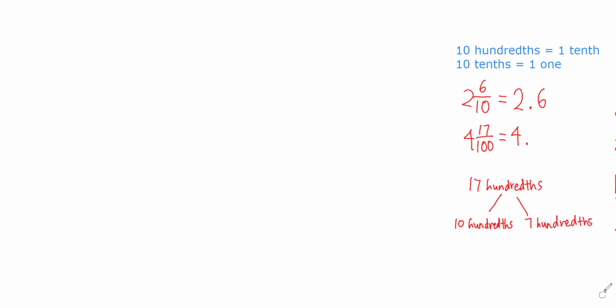And I know 10 hundredths is the same as 1/10. So that means that I should have 1/10 and 7/100. So this is what we learned previously. So now we will be looking at some fractions where the denominator is not 10 or 100 to see how we can convert them into decimals.